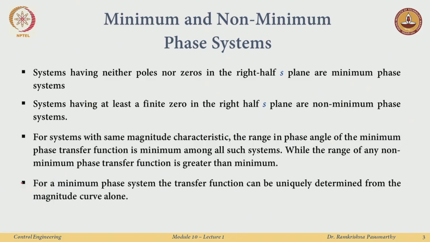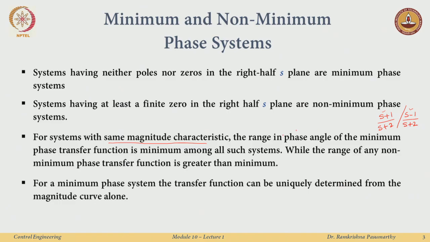For example, if I have a transfer function s plus 1, s plus 2, and I compare it with a transfer function s minus 1 and s plus 2, and plot the magnitude characteristics, both of these systems will have the same magnitude characteristic. Now, just by looking at the magnitude plot, I may not know if it is minimum phase or non-minimum phase.